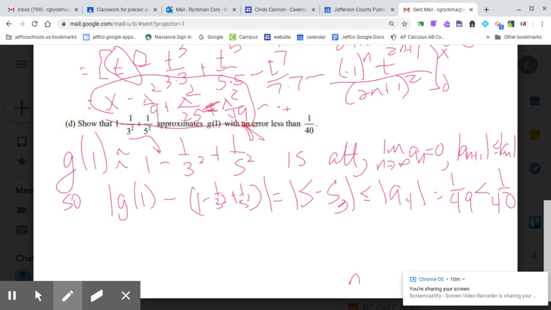There are several ways to get an actual sum. One is the geometric sum formula, one is telescoping, another is if you know the series is equivalent to a function, then you can evaluate the function at that value. C is integrating series, which you need to be able to do, and D is alternating series error bound. So again, I felt like this was representative of big ideas of calculus. That's why I put it on the final.